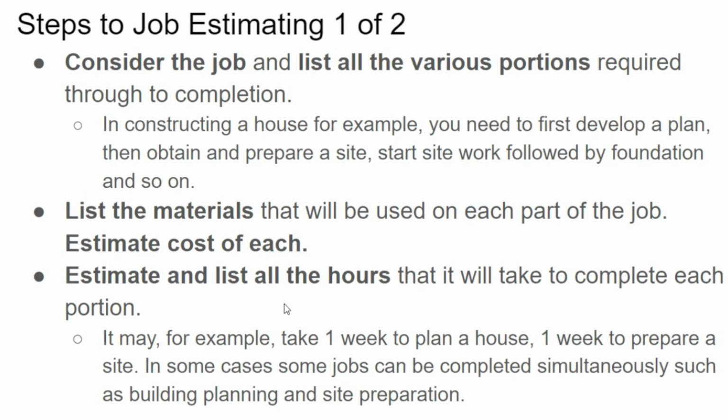A lot of companies have what are called rate sheets that say, in order to do this type of machine work, or this type of work on a car, like how much time to change a set of tires, that's all portioned out. We allocate 1 hour to that or 2 hours to that. Last week we talked about the house plan: planning the house, preparing the site, that sort of thing. You can calculate how long it's going to take in terms of hours and the amount of time you're going to pay someone to build something.